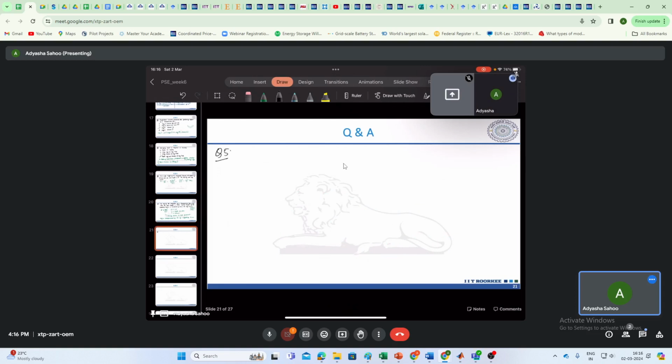Now next question. Calculate the sag for a span of 250 meter if the ultimate tensile strength of the conductor is 6250 kg.